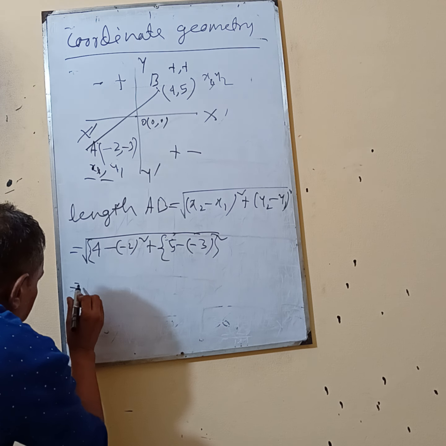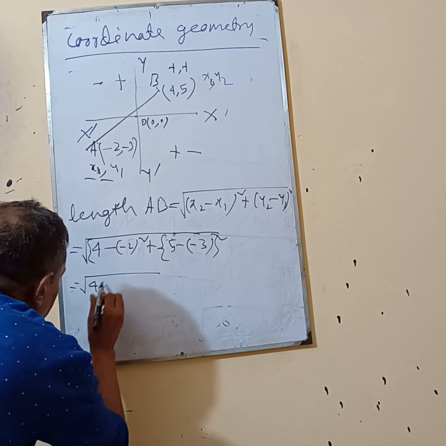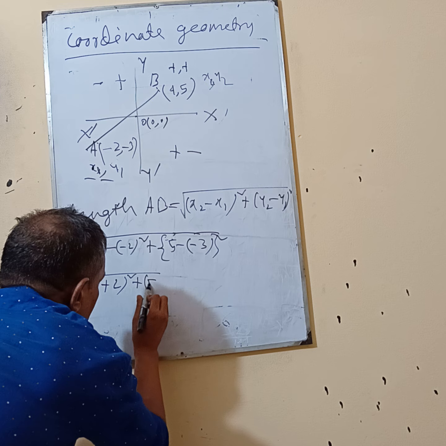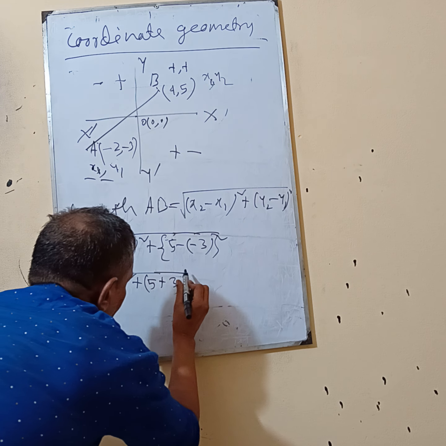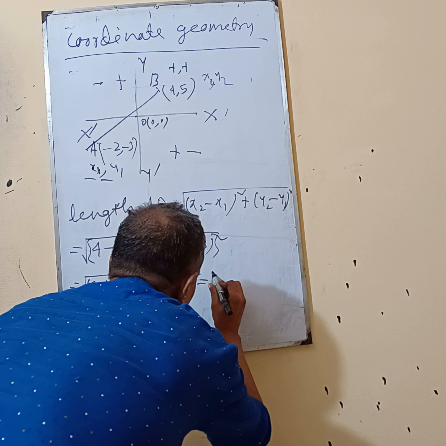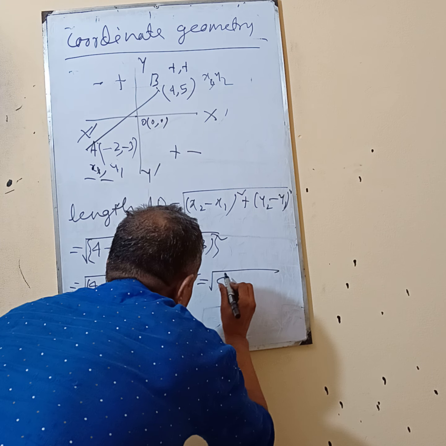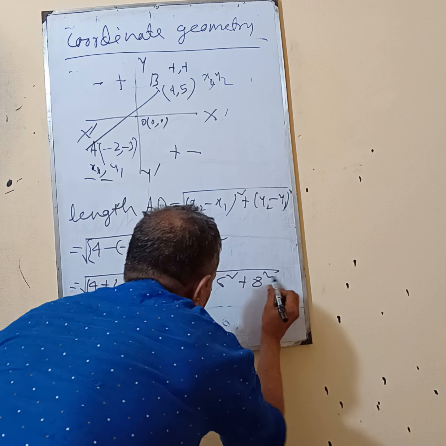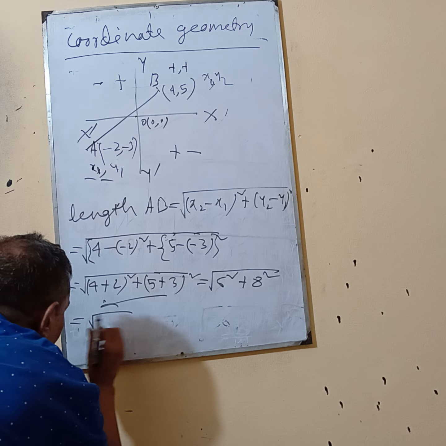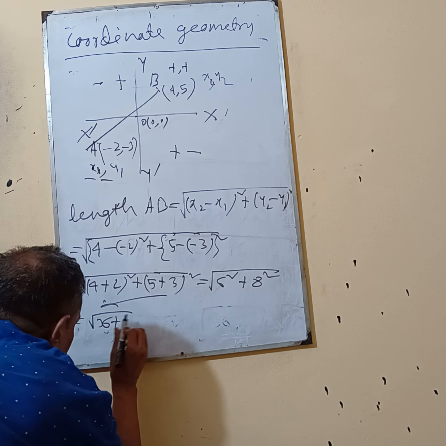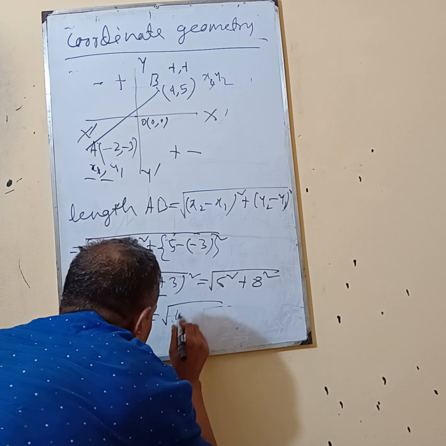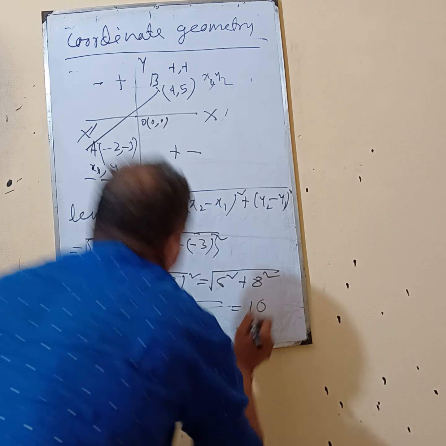Then the calculation: 4 plus 2 whole square, 5 plus 3 whole square, then 6 square, 8 square together: 36 plus 64, total 100, is equal to 10.